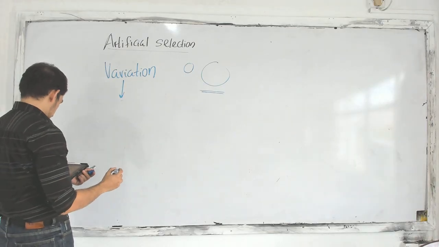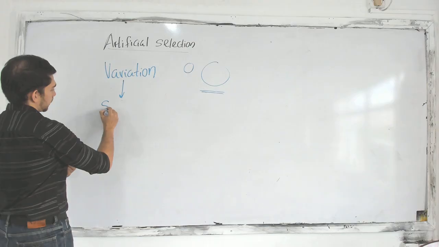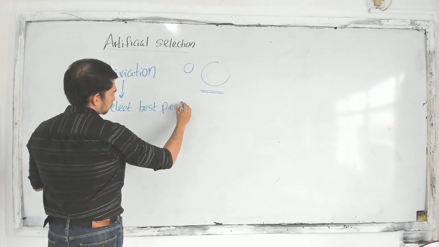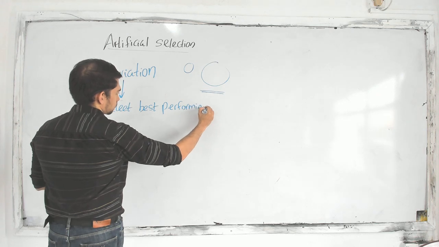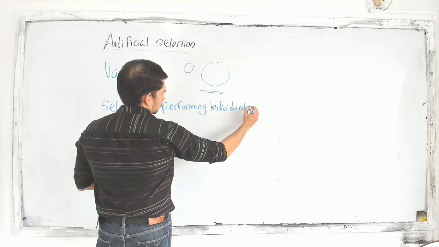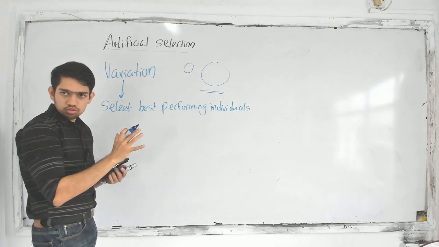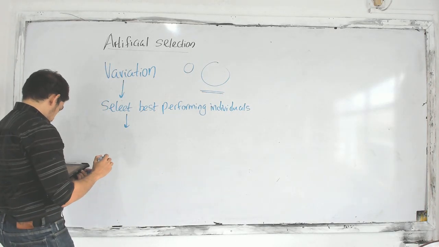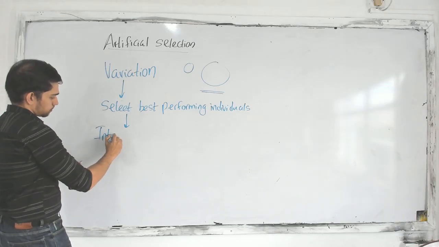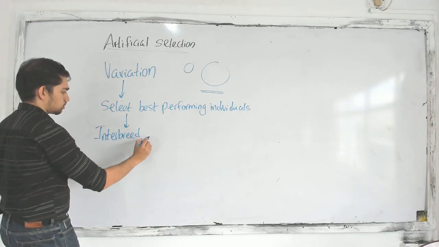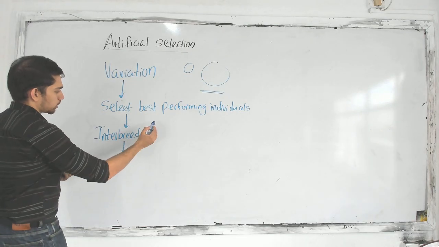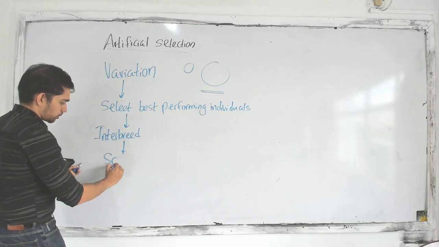Then you are going to select the best performing individuals, and interbreed them. Only the best performing ones are allowed to breed. Then you get a new population, and you screen that population.